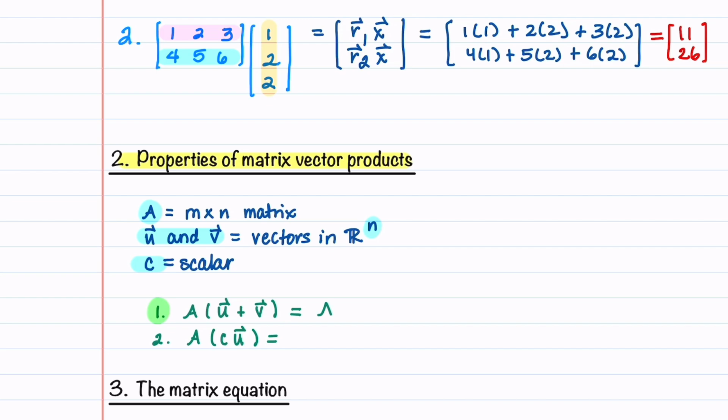This gives us A times U plus A times V. Our second property tells us that we can multiply a constant times a vector and then multiply it by a matrix, or we can choose to multiply the matrix times the vector first and then multiply it by the constant.